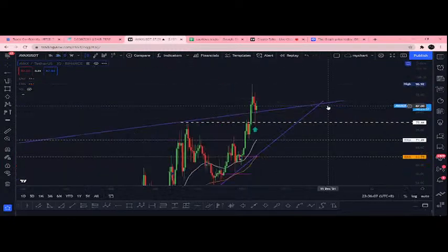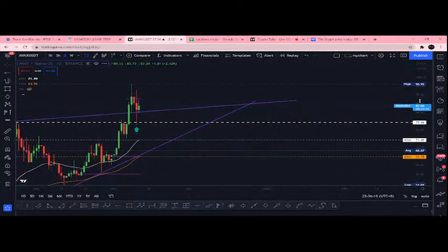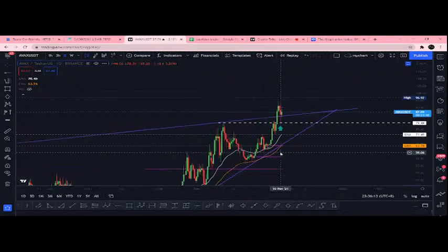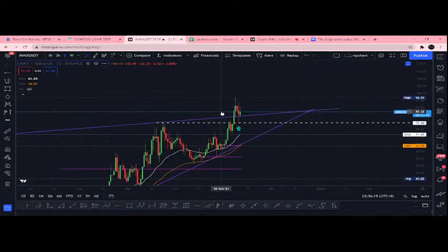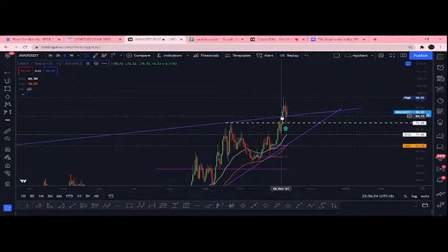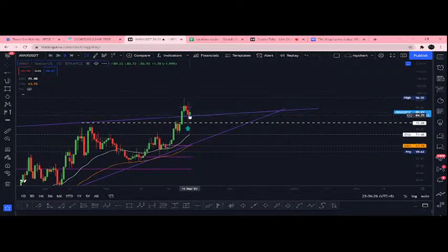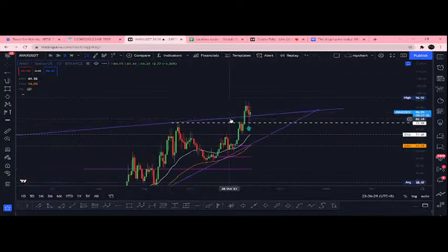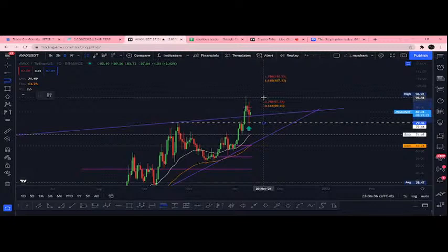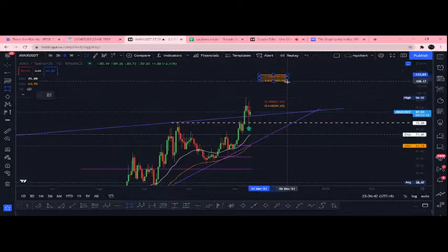For Avalanche, on a daily time frame, it's actually holding at resistance, now becomes the support area. As long as it holds above this resistance or support area now, I might possibly go long with a possible target. We'll just extend the fib from the previous top to all time high, which is the 107 to 110 area.